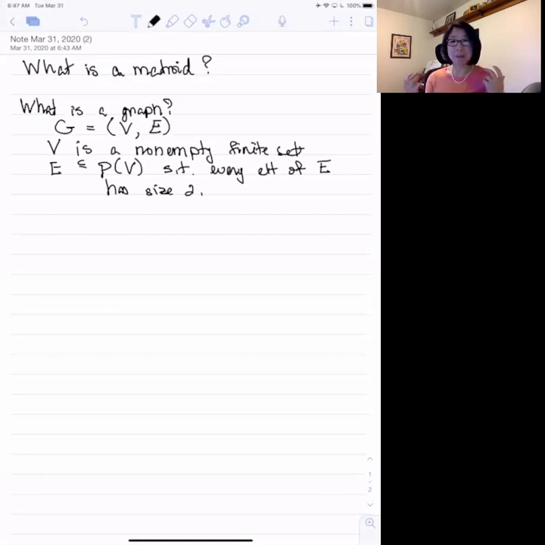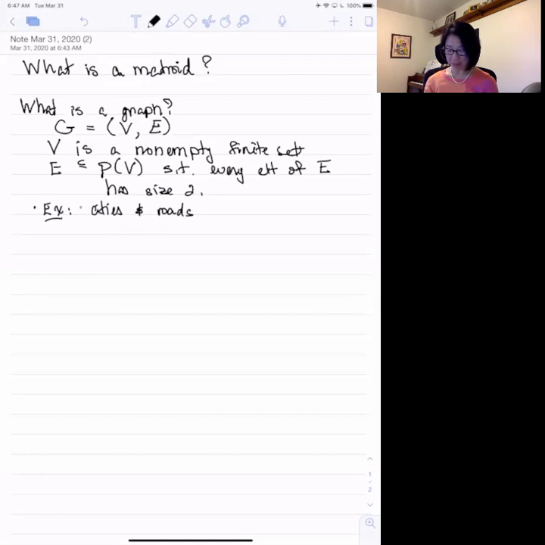And there are lots of things that are naturally graphs, that we want to represent as a graph. Examples might be cities and roads connecting them. So these edges are pairs of cities that are connected by a road.